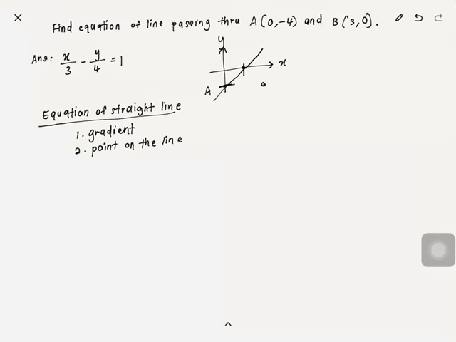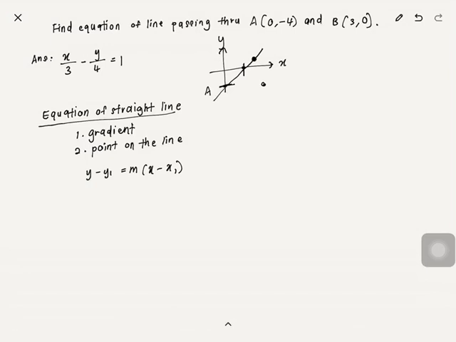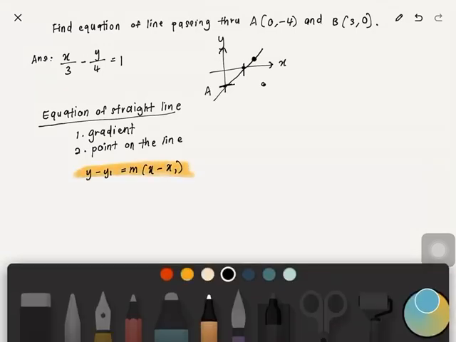It cannot be just any point. It cannot be here. It must be on the line. So that's what you need. And the formula for this is y minus y1 equals m times (x minus x1). This is another very important formula, so please do remember this.